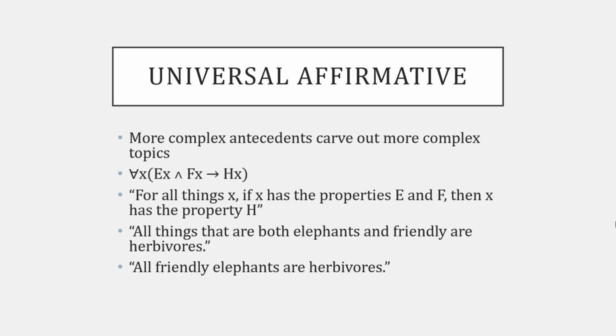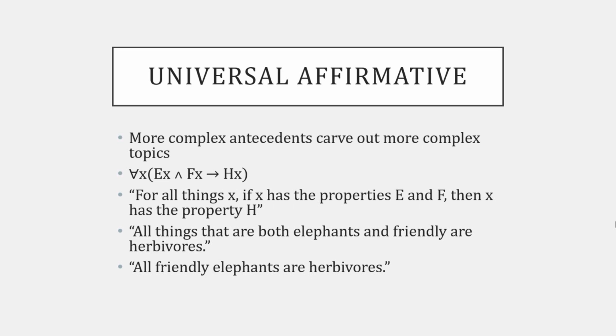So let's suppose that's saying all things that are both elephants and friendly are herbivores. So we've restricted our domain of discourse twice there. We're only talking about the elephants, and only the friendly things, so the things that are both friendly and elephants. Now I'm going to make a claim about that doubly restricted domain, that they're herbivores.